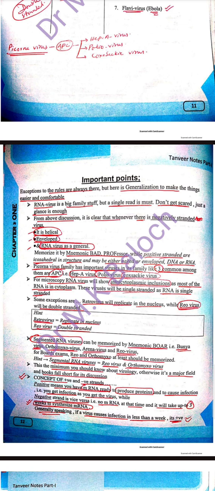From above discussion, it is clear that whenever there is negative stranded, it is helical, enveloped, and RNA virus as a general rule. Okay? Memorize it by mnemonic bad prof or bad professor, while positive stranded are icosahedral in structure and may be either naked or enveloped, DNA or RNA.